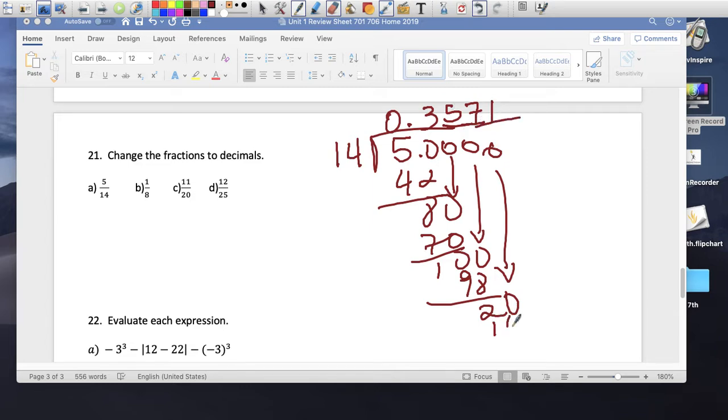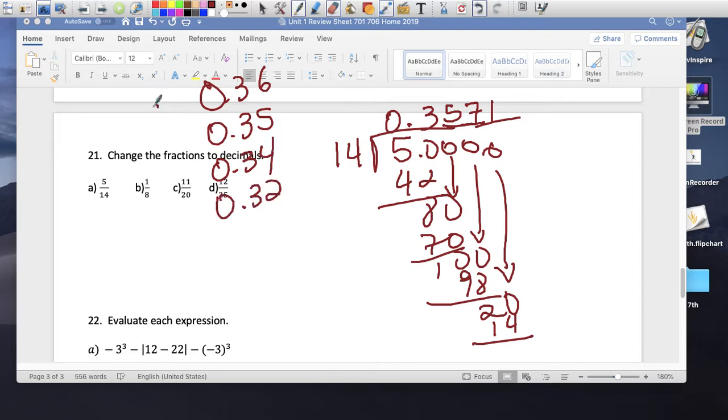Let's continue. Definitely look at your multiple choice when you're doing the test. Maybe they round it. You know, it depends. So you continue. Watch your multiple choice. Okay, so if one of your multiple choice says 0.36, another one says 0.35, another says 0.34, and the other one says 0.32. So let's assume this was your multiple choice.